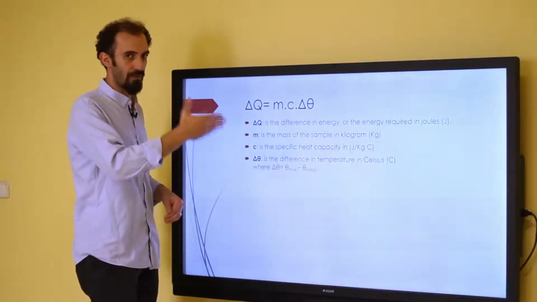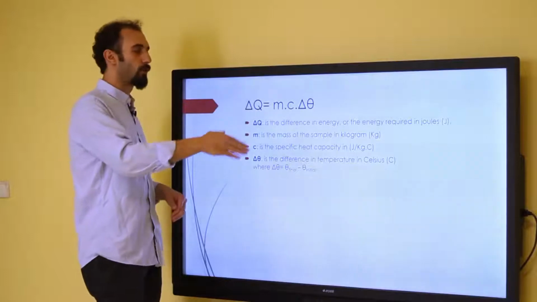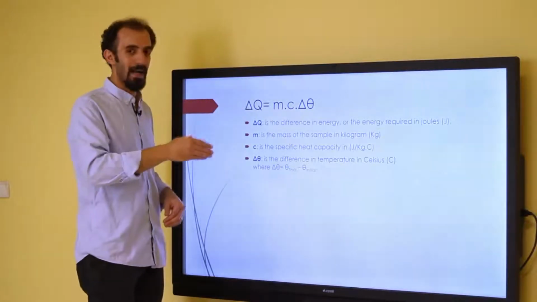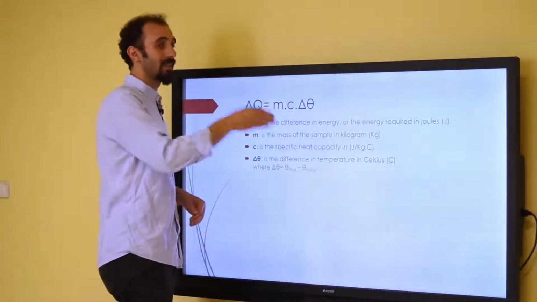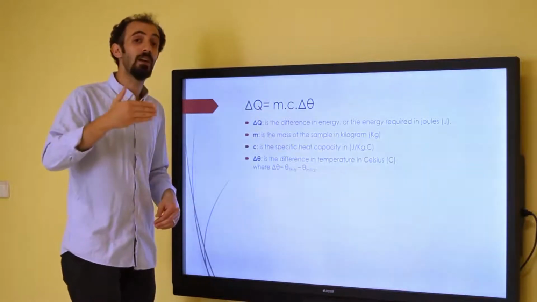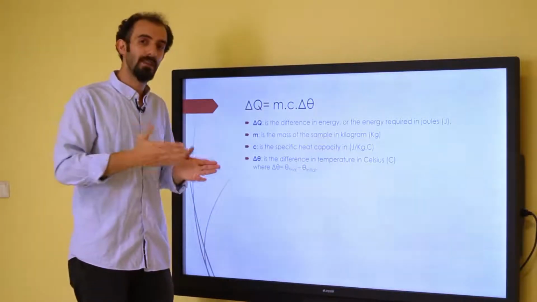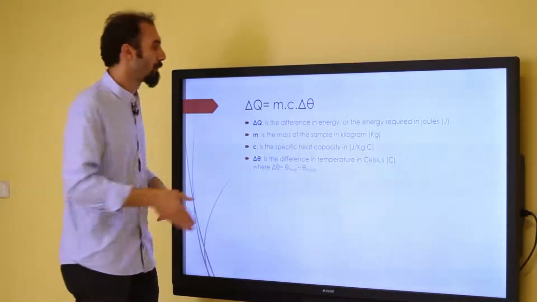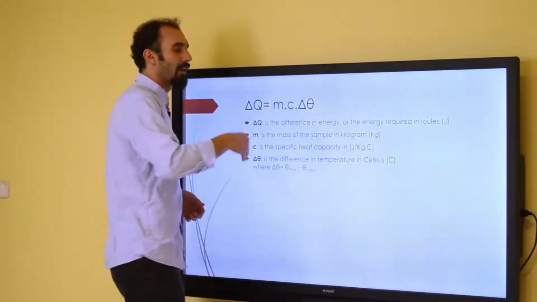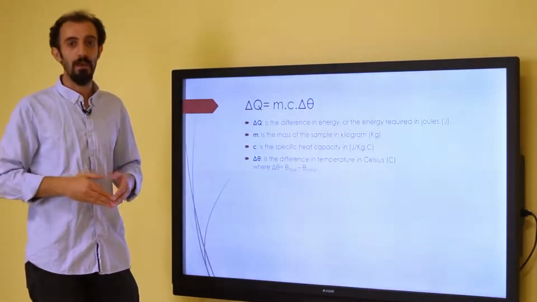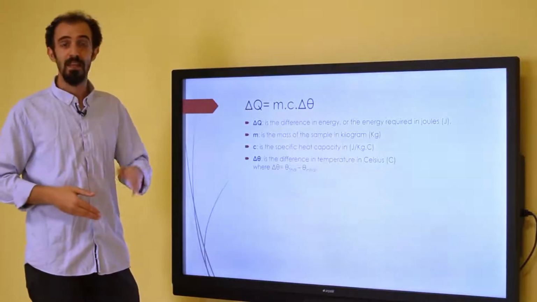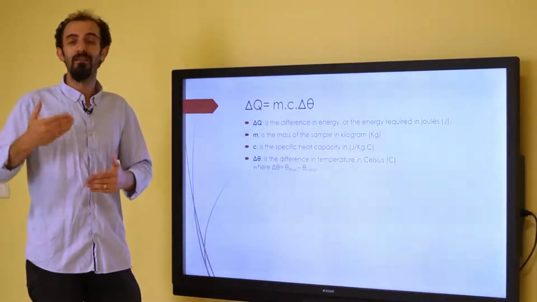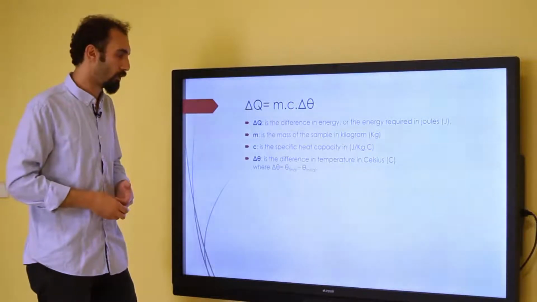Delta is the symbol for difference in, Q is the thermal energy, m is the mass, multiplied by c, the specific heat capacity, which is a constant number for each substance. That number does not change. And delta theta: theta is the symbol for temperature, and delta theta means the final temperature minus the initial temperature.